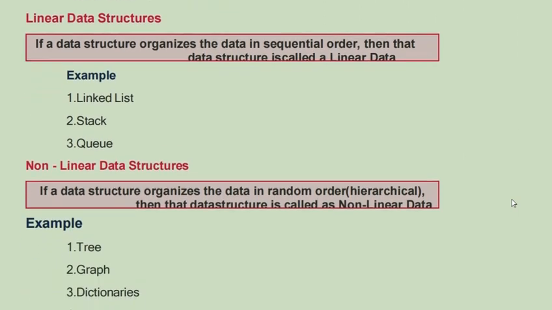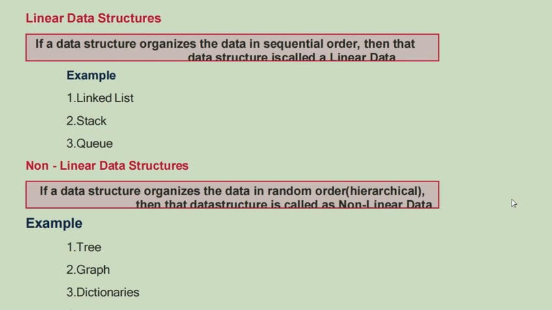What are linear data structures here? If a data structure organizes the data in sequential order, then that data structure is called a linear data structure. That means we are arranging the data in a particular order. For example, the roll numbers of your class students, which we can organize as 1, 2, 3, 4, 5.